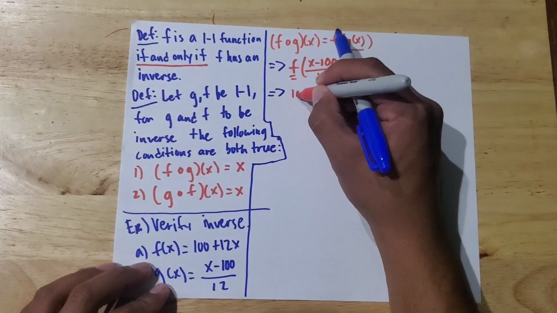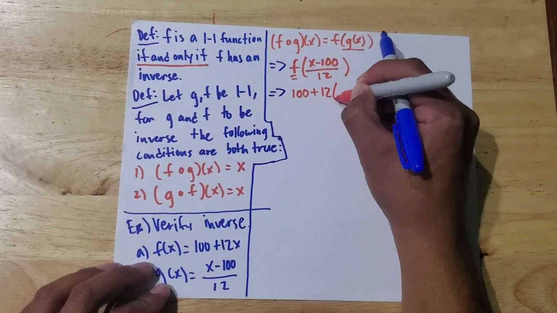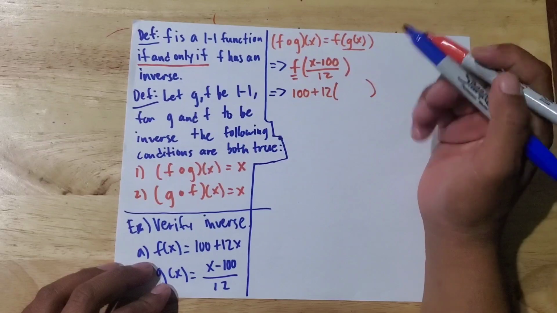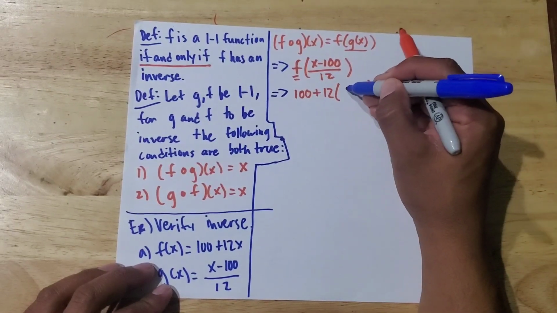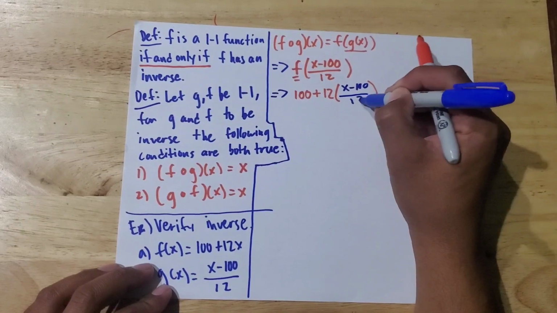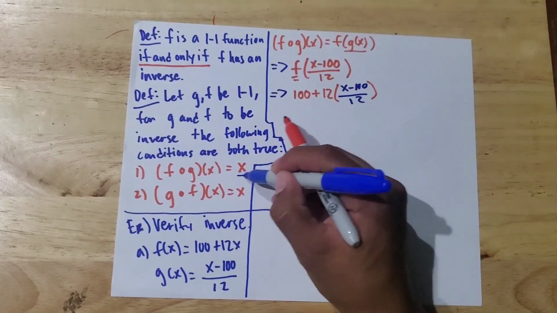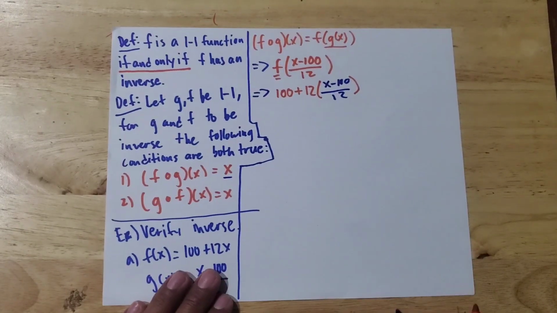So that's going to be 100 plus 12, and wherever there was an x, I'm using my parentheses and I plug in this x minus 100 all over 12. Remember, the goal is I'm trying to simplify. I'm hoping that it can simplify just to x.